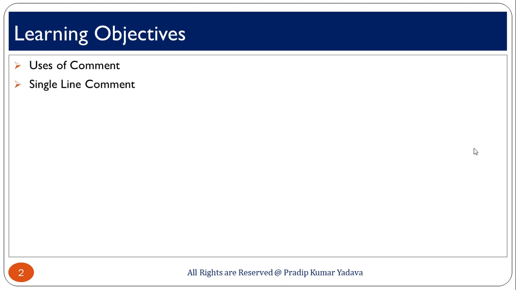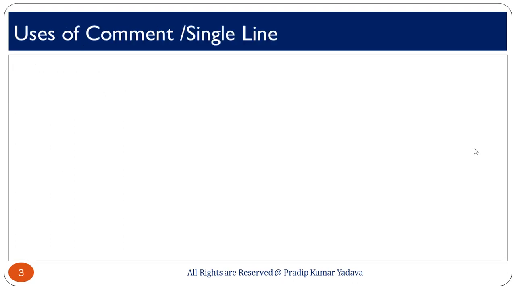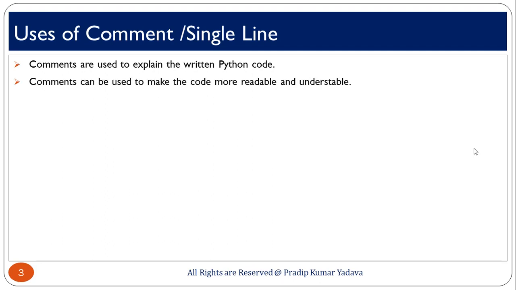Here I am going to discuss the usage of comments, single line comments and multi-line comments, and I will also show you in a practical manner how and when you can use comments. Comments are used to explain the written Python code. Comments can be used to make the code more readable and understandable.